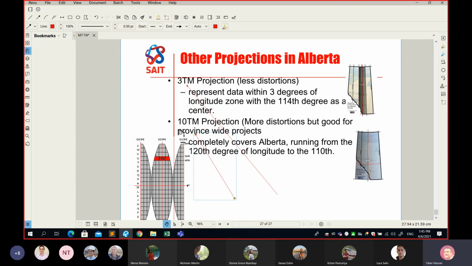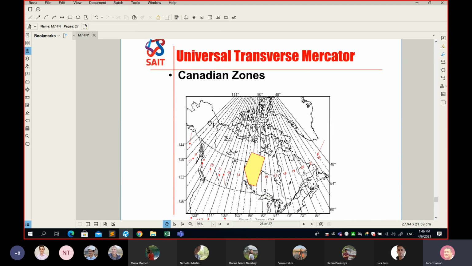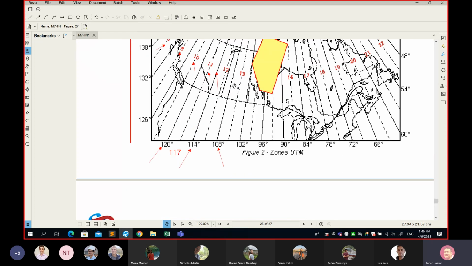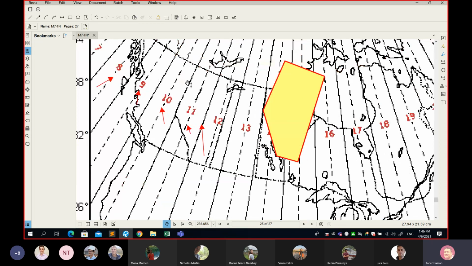But what's good about 10TM is that it covers a wide range. If I go back to this slide, you can see Alberta starts exactly at zone number 11. So go 6 degrees and then another 4 degrees.